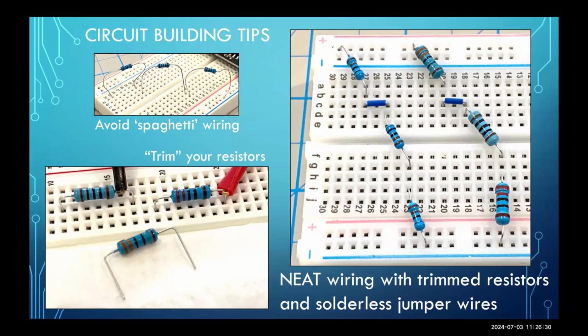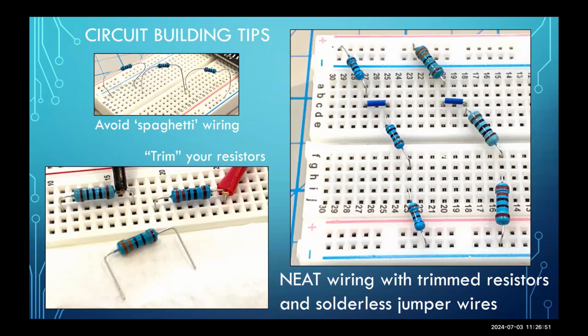Spaghetti wiring makes it very difficult for you to plan things out, carefully troubleshoot, and allow classmates to look at your circuit builds and understand what it is that you've built. So my recommendation is, rather than use spaghetti wiring, let's go ahead and use neat wiring.